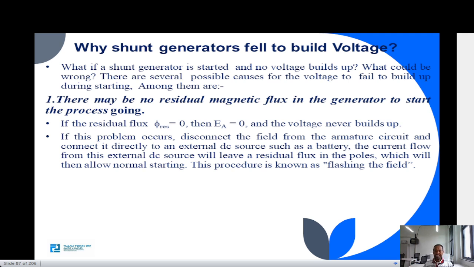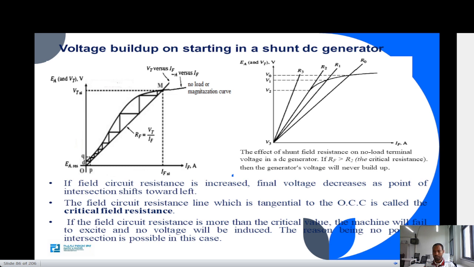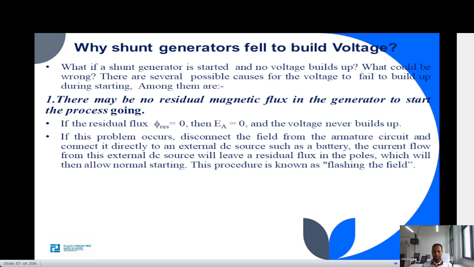So why does a shunt generator fail to build voltage? There may be three reasons usually mentioned. One, there may be no residual magnetic field in the generator to start.